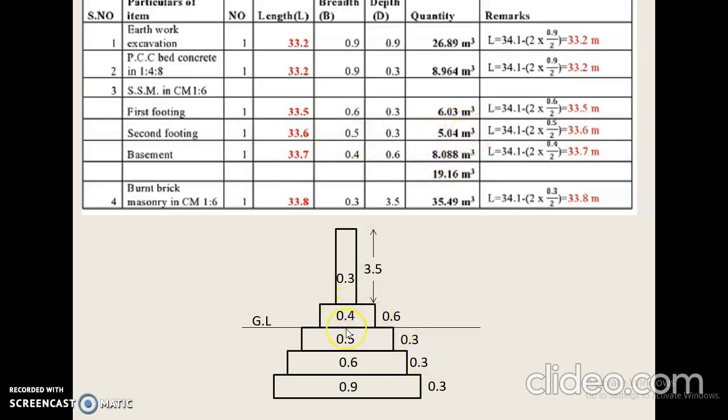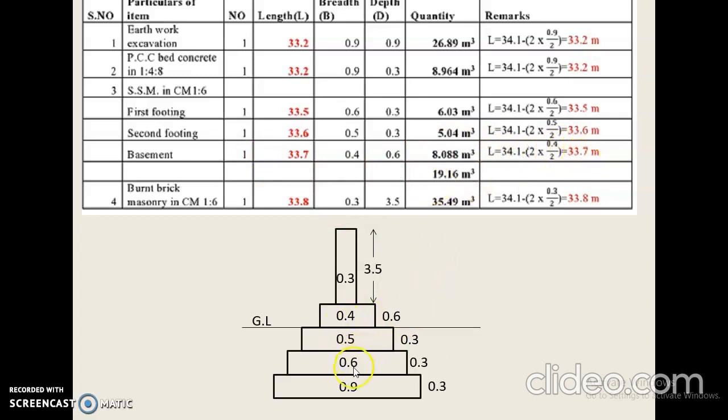Let us go for the basement or plinth. Now here again the width of the item of work is 0.6 and depth is given as 0.6. So the total actual length is equal to 34.1 minus 2 into 0.4 divided by 2, that is equal to 33.7 meter.